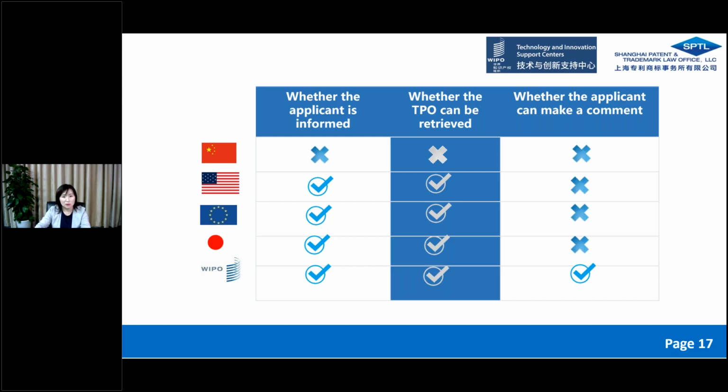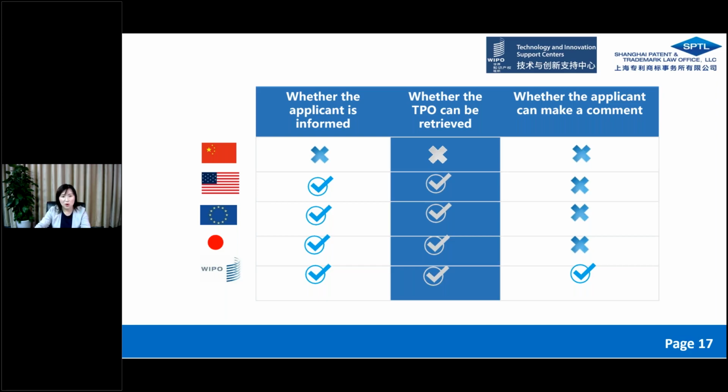You may see that only the third-party observation in China will not notify the applicant, although the applicant may find a record of relevant documents from the patent examination inquiry system. However, the applicant will not take the initiative to go check the information.